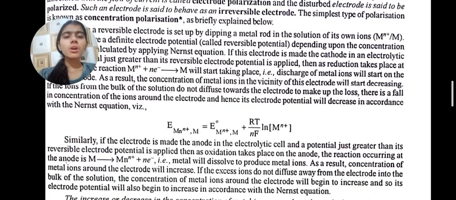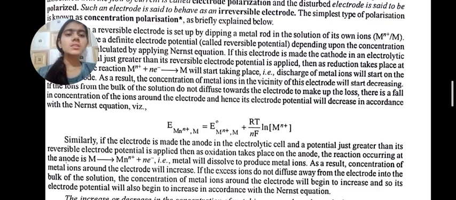Similarly, if the electrode is made the anode in the electrolytic cell and a potential just greater than its reversible electrode potential is applied, then as oxidation takes place on the anode, the reaction occurring at the anode is M → M^n+ + n e^-, that is, metal will dissolve to produce metal ions.